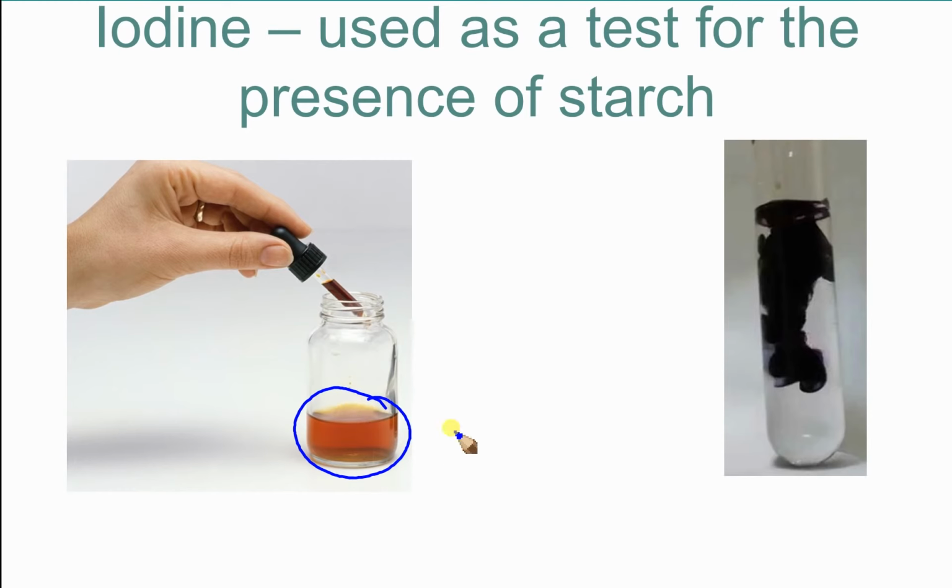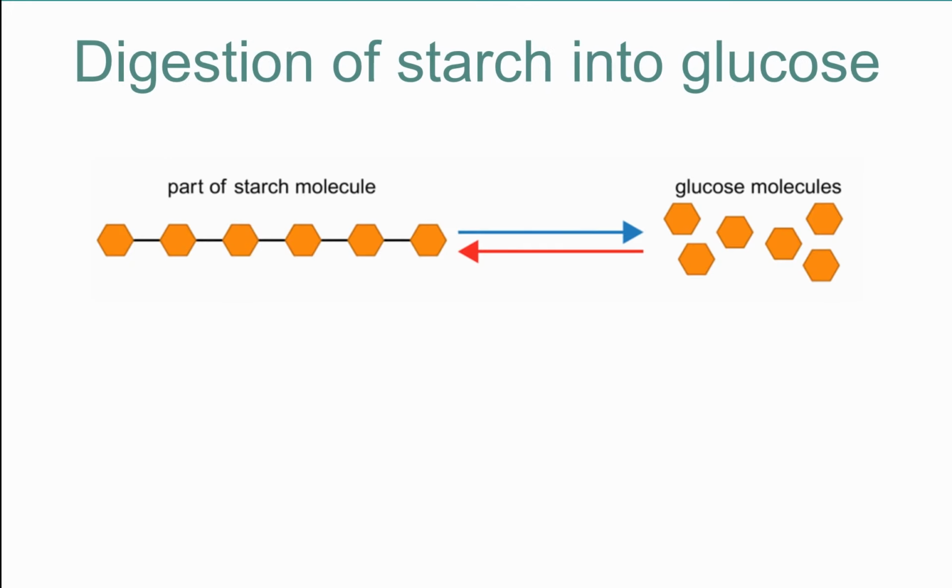In solution form it is yellow to reddish in color. When this iodine is put into starch, it shows a blue coloration. So look at how this process takes place.